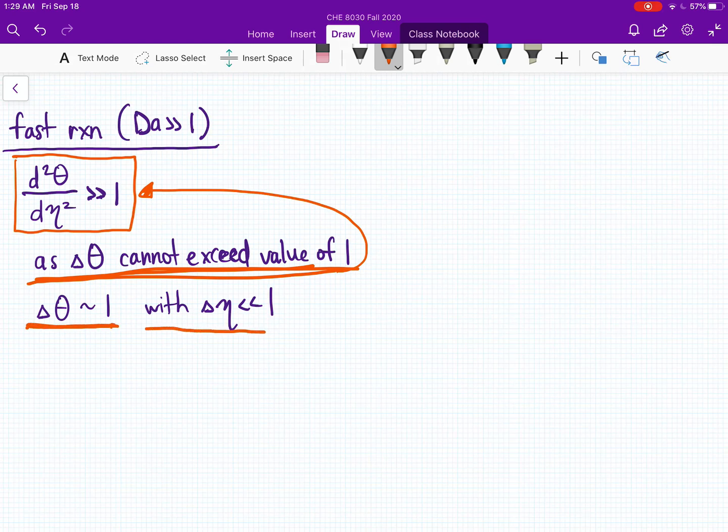1, with my delta eta being much, much less than 1. So physically, what am I saying? Well, first, mathematically, what I'm saying is that I have improperly scaled that variable for this particular scenario. I can do better.